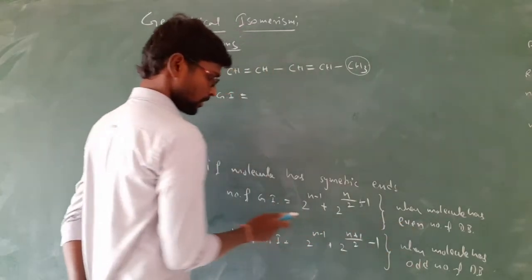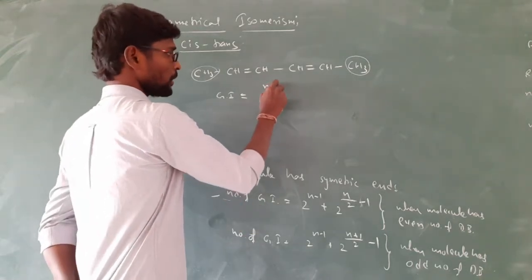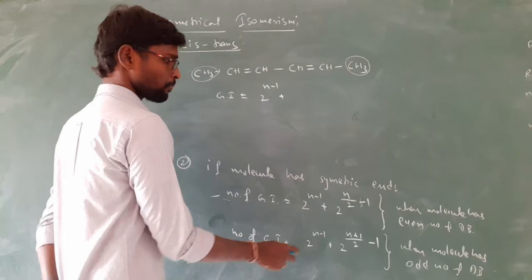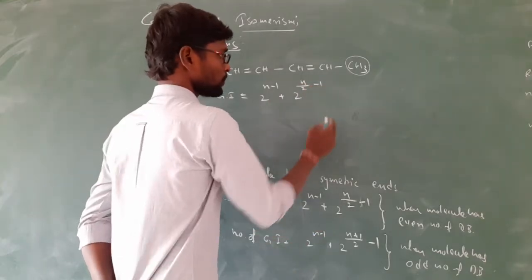2 means what, even or odd? So we have to use this formula: number of geometrical isomers is equal to 2 to the power n minus 1 plus 2 to the power n by 2 minus 1.